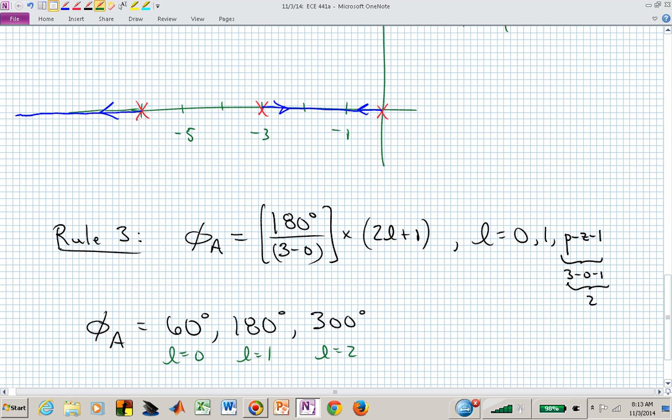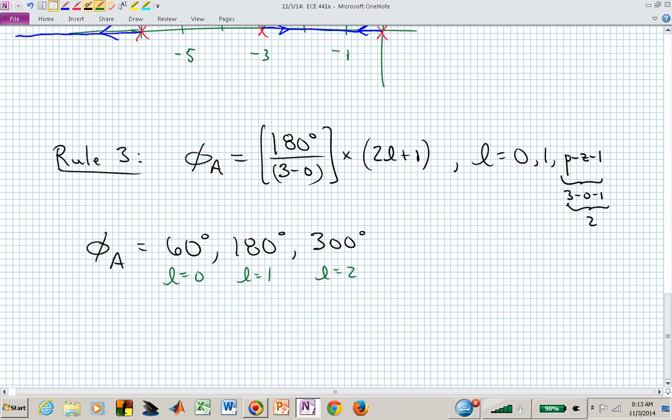We sort of could guess the 180. We need the centroid. How do I compute the centroid? I need to sum up my poles, subtract from that the sum of all of my zeros, and divide by that magic number, which is the pole-zero excess. I sum up all of my poles.